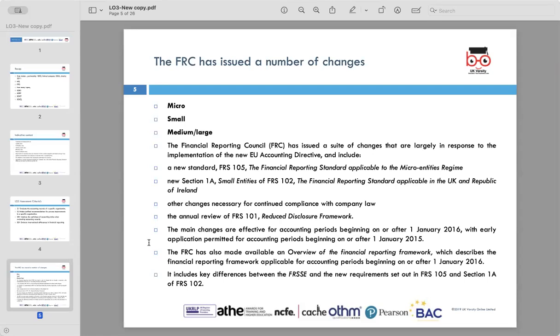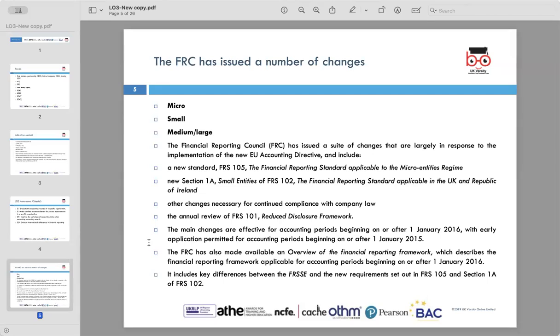Other necessary changes include updates to ensure compliance with company law and the annual review of FRS 101, which provides a reduced disclosure framework for entities adopting EU-adopted IFRS.